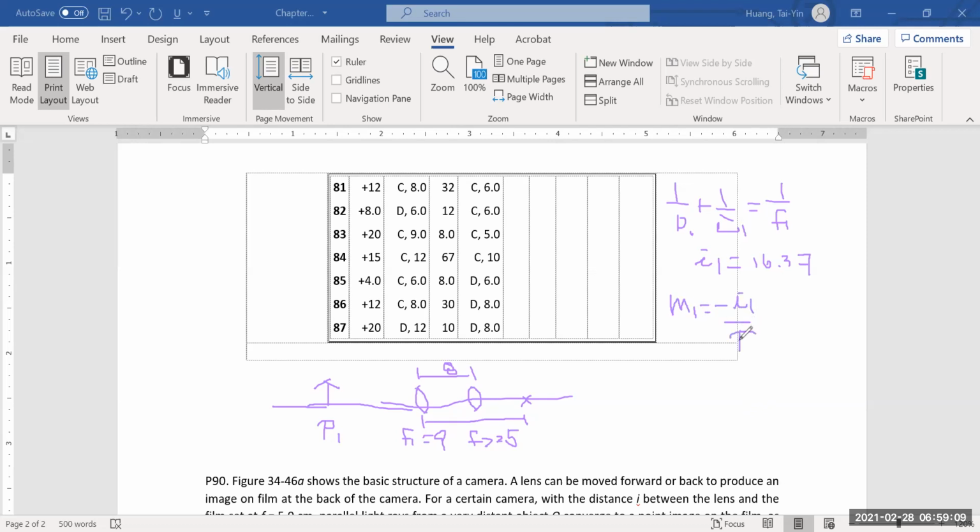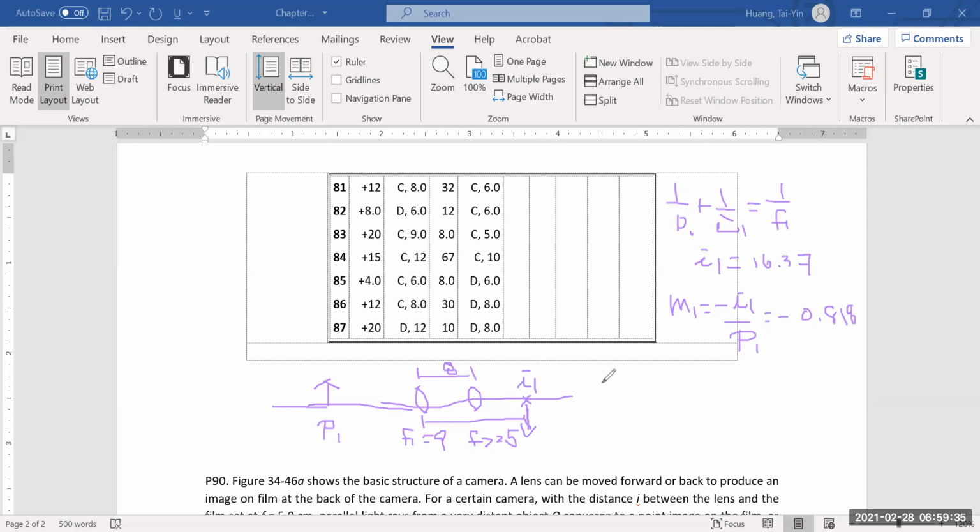Because I1 and P1 are both positive, you should get a negative value, which is negative 0.818. This indicates that the image is smaller, and it's negative, which means that it's flipped, inverted. So this is where your I1 is.